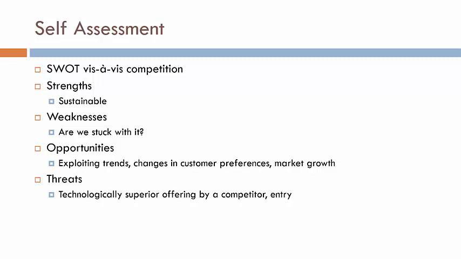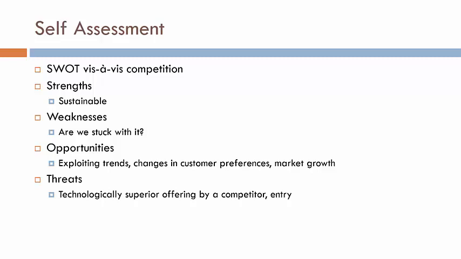So similarly, with our relative weaknesses, we should ask, are we stuck with it or can we do something to overcome the weakness? Perhaps change the product if possible, or expand distribution, or hire new staff or service personnel to overcome the weakness. Now, any strength or weakness is a strength or weakness only if it is sustainable, as I mentioned earlier. Okay, so what do we mean by that?